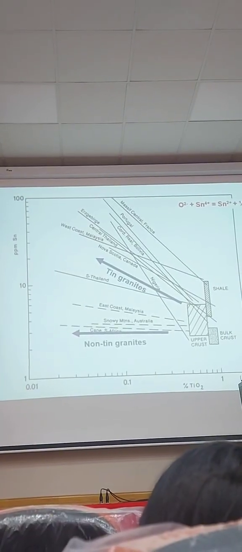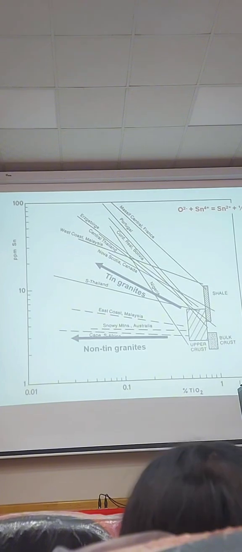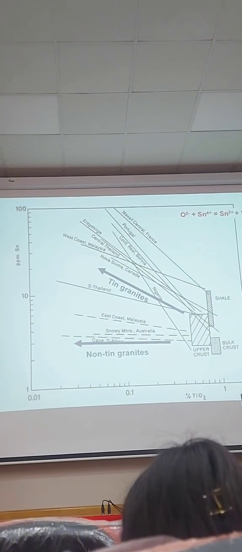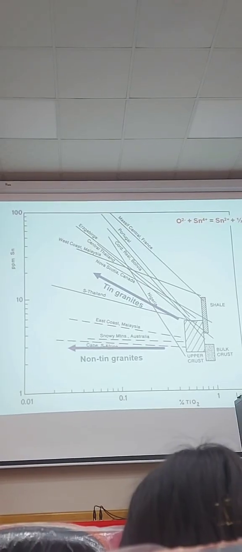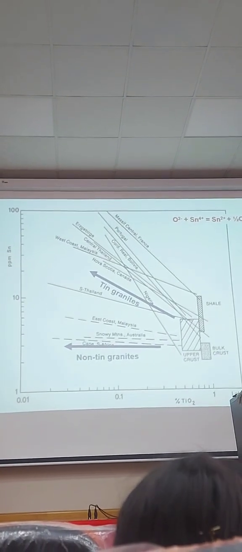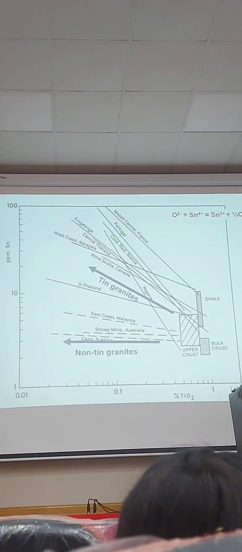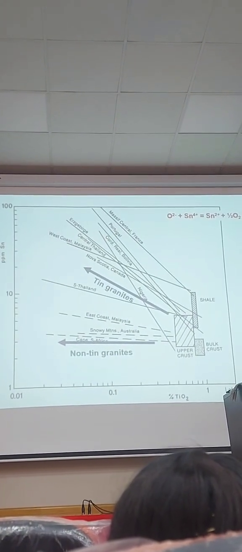the analytical geochemistry was not so much developed in this time. And tin was usually not analyzed in granites. But I noted that non-tin granites have this pattern, which means with fractionation, no tin enrichment, and others have tin enrichment with fractionation. This is what we call a tin granite, and this is what we call a non-tin or average granite.